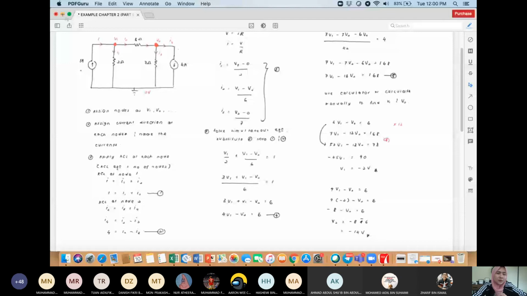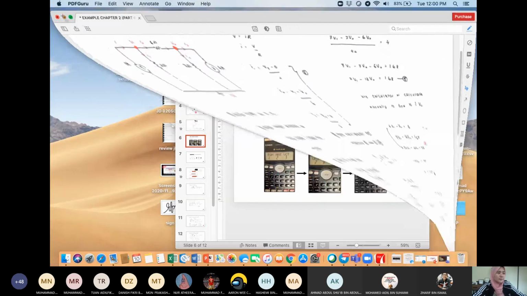But what happens if you have 3 unknowns, for example V1, V2 and V3? This one is very complicated if you want to solve it manually. So my advice, please use your calculator to solve for the simultaneous equation. Okay?